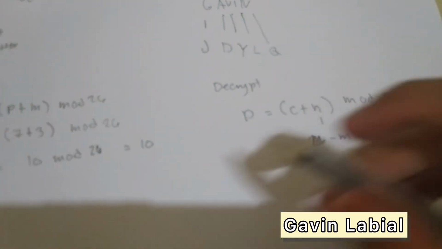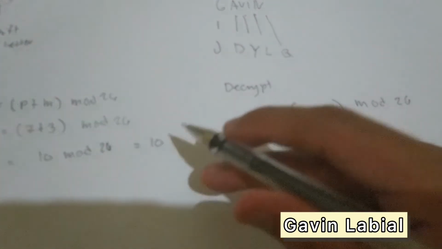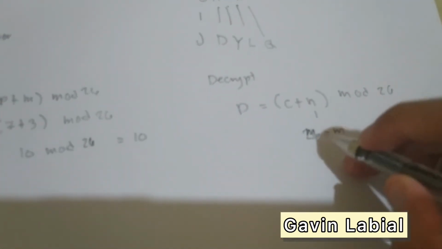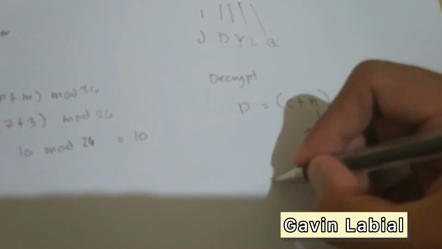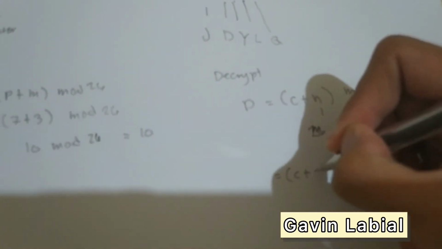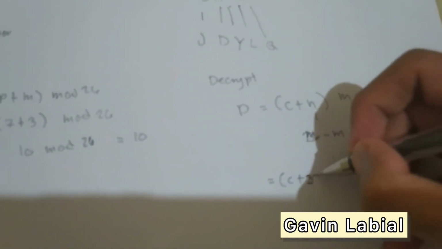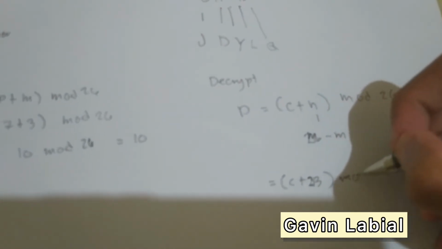For example, we agreed that it would be shifted 3 times, so 26 minus 3 is 23. That becomes C plus 23 modulo 26.